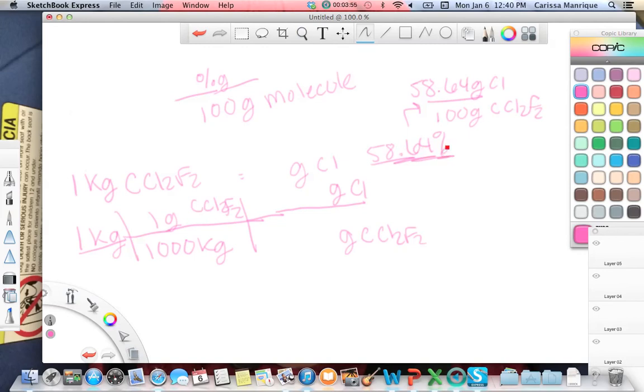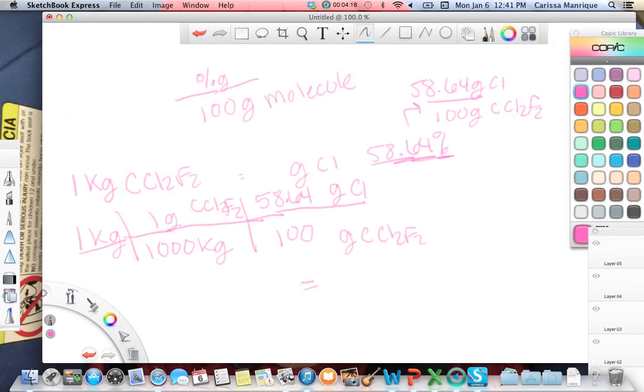That's what the percent means. And that's what we're saying there. So we can use that conversion right here. There are 58.64 grams of chlorine per 100 grams of CCl2F2, and then we can multiply this out. So we're going to do 58.64 divided by 1,000 multiplied by 100.